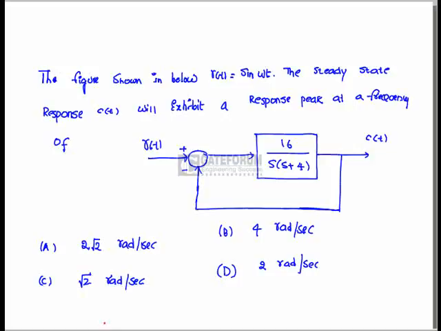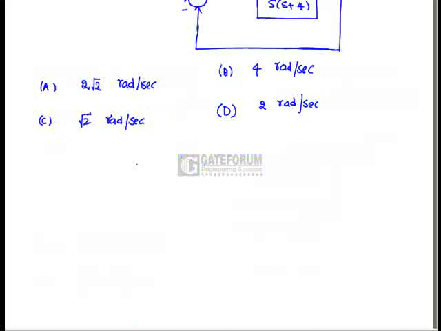Frequency. First of all, we need to know what we mean by the resonance frequency. Resonance frequency is the frequency where the magnitude of the given closed loop transfer function is maximized. The relationship between the resonance frequency and the parameters of a closed loop transfer function is given as follows.